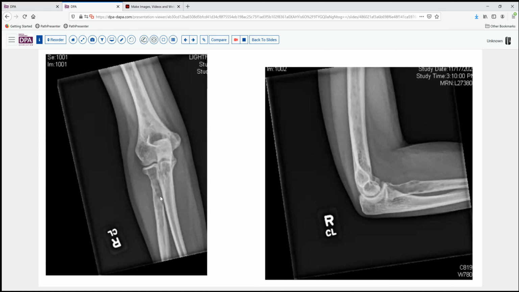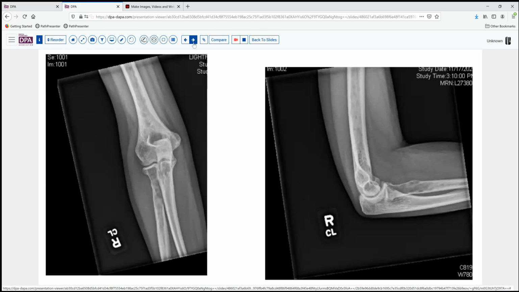Then additionally, looking in the radius and the ulna, we see that there is a lytic lesion with some sclerosis, some lucency here, and again, this sort of nodularity and fashion of lucency affecting the marrow space within these bones.